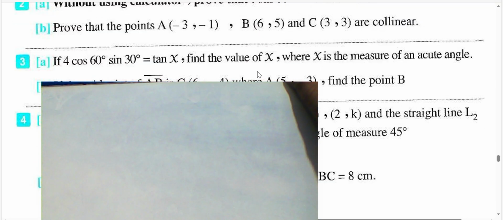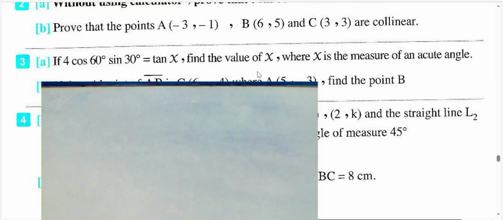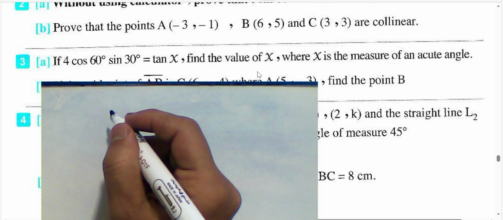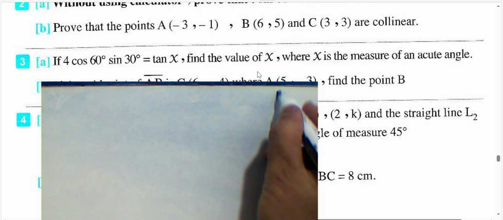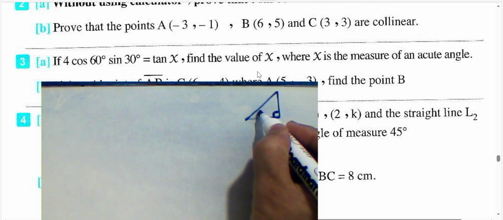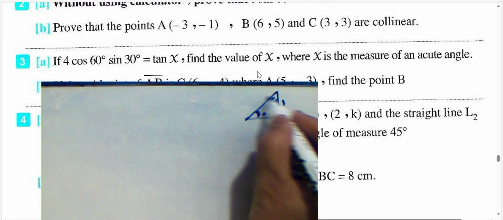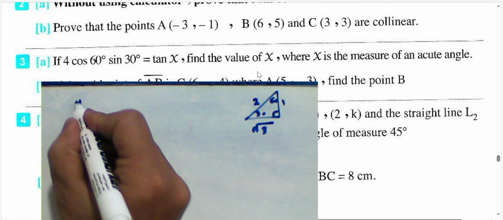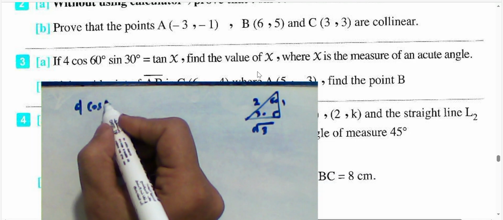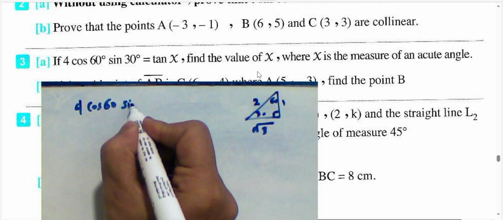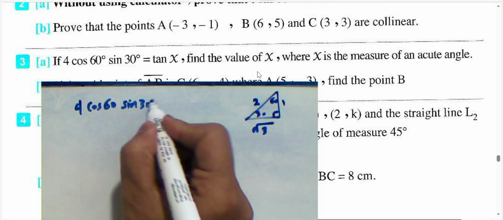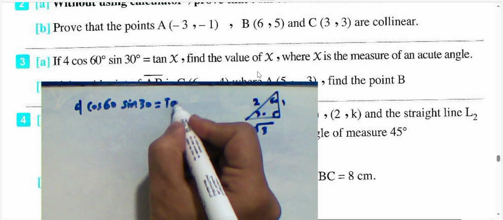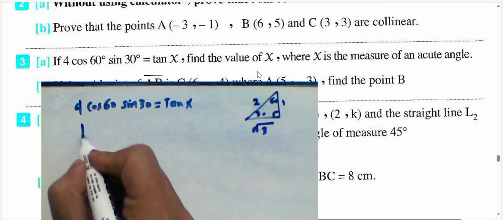Question letter A. 4 cosine 60 product sine 30 equal tan x. Find the value of x. Okay, we can solve this example by drawing a 30-60 triangle. Here we have 30, 60, sides 1 and 2, and here root 3. 4 cosine 60 product by sine 30 equal tan x.